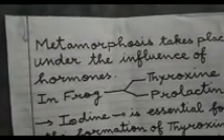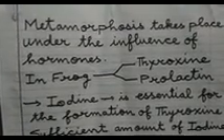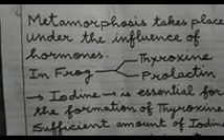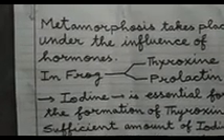Now after this I will explain how the process of metamorphosis takes place and how it is affected by the hormones. The metamorphosis process takes place under the influence of hormones.